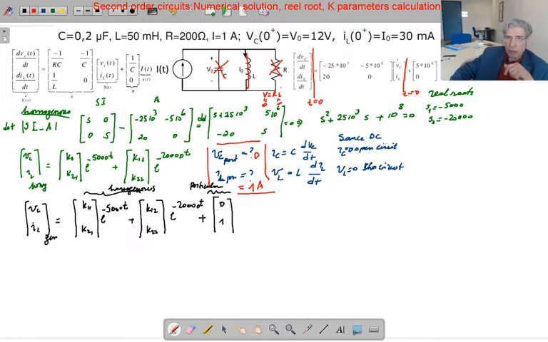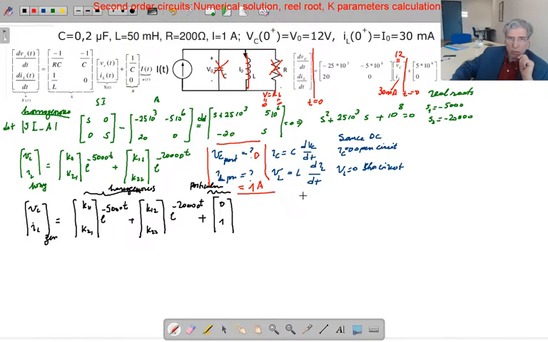When you replace this with t equal to 0, this is going to be VC(0), that means initial condition, which is only 12 volt, and IL initial condition of the inductor is 30 milli. From this you can see that right hand side are the numerical values. So at the end of calculation I can find the derivatives' initial conditions.